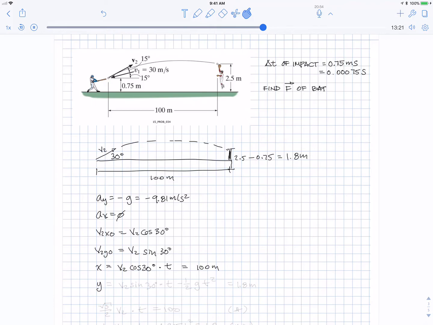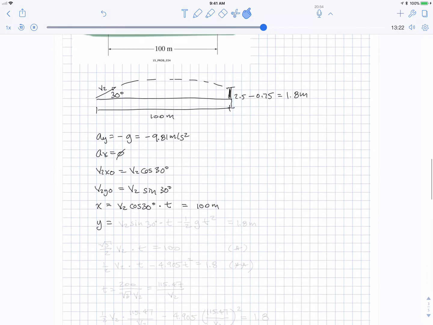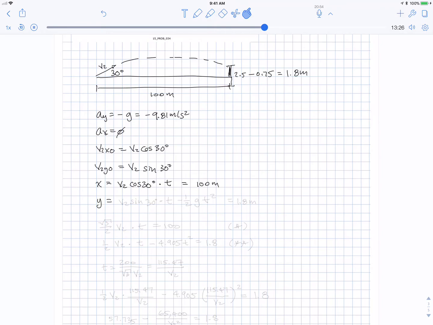The y, which will hit, is given by v2 sine 30 degrees times t, and there's an acceleration, so when you integrate that, it ends up being minus 1/2 g t squared, and that will equal 1.8 meters. So let me write everything out. Root 3 over 2 v2 times t will equal 100.